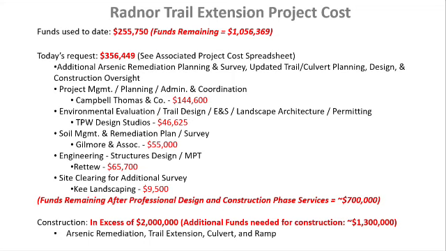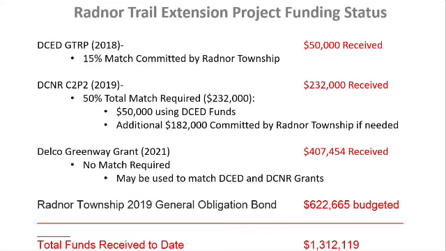Could you go back to the previous slide? Sure. The 1.3 million, does that include the 50,000, the 232, and the 407? If you add all four of those up, yes, it does. So you're just asking us for 622,000. We are asking you for, for our budget, 370 to build the entire additional third of a mile.